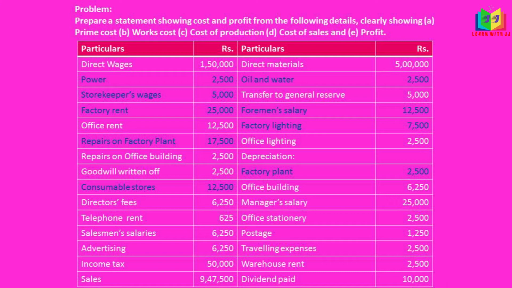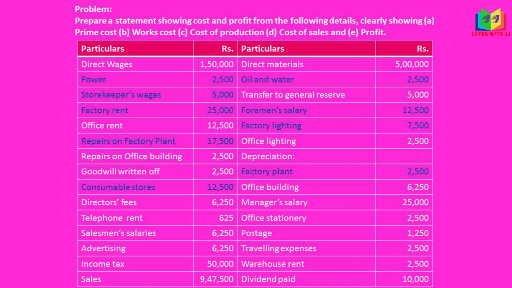Repairs on building won't come. Goodwill written off won't come. Consumable stores will come under factory overhead. Director fee will not come here. Telephone rent, salesman salary, advertising, income tax, sales, all this won't come there.